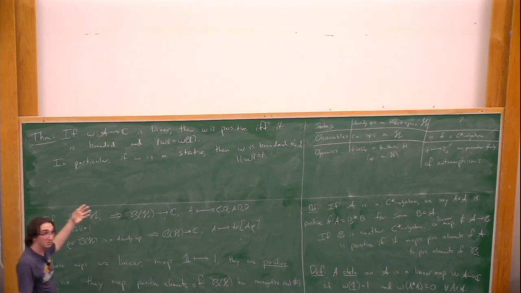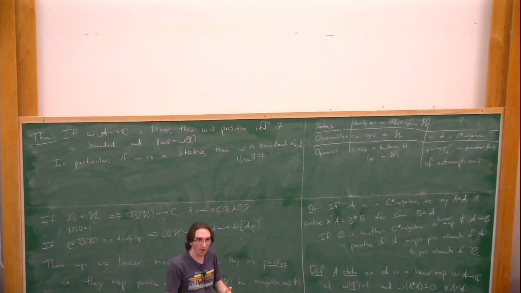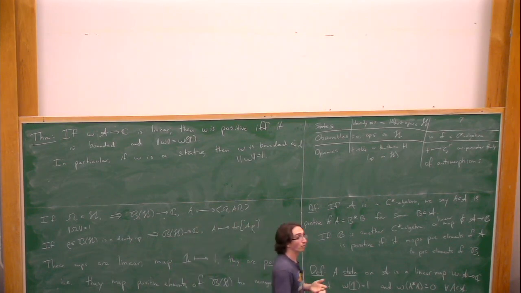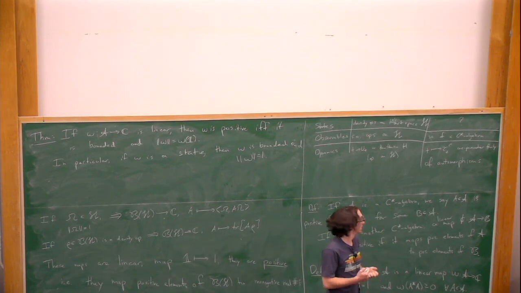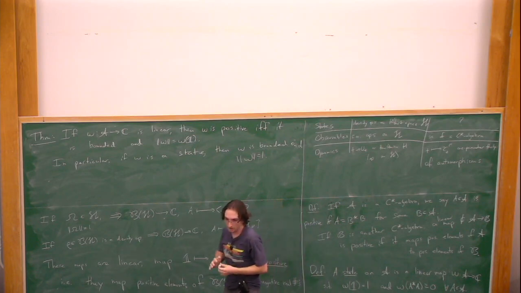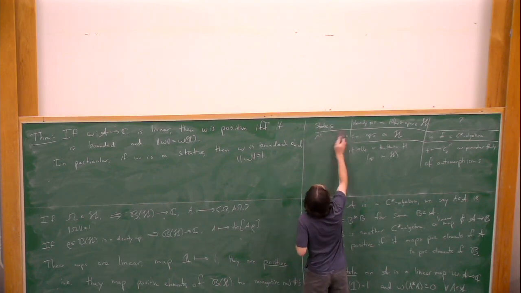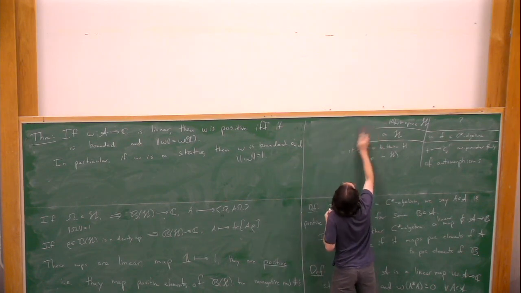So what this buys me is that I can now do a very similar story to what I had for star homomorphisms on the quasi-local algebra. I only need to define states in terms of local elements.